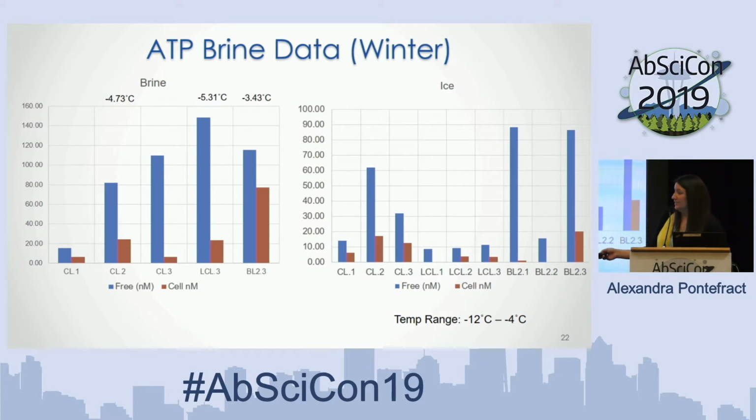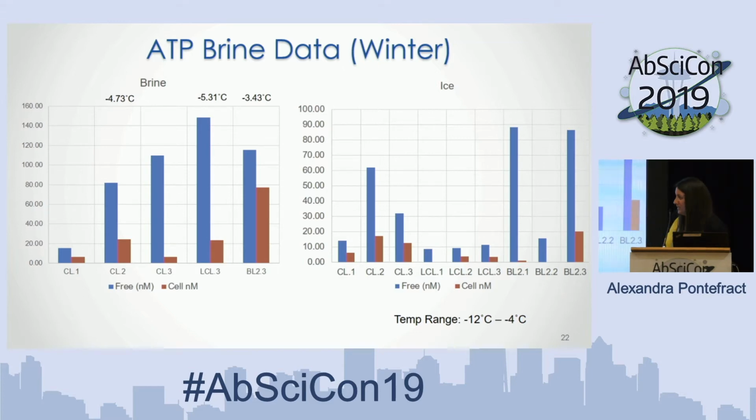So Basque Lake 2.3, which originally had that high water activity and had the brine shrimp in it, was what we were looking at with our ATP, and we had very high cellular ATP in this environment, which may be reflective of those higher water activities. I wish I had cell data to compare this to for you, and it's coming imminently, but we couldn't get it in time for today, unfortunately.